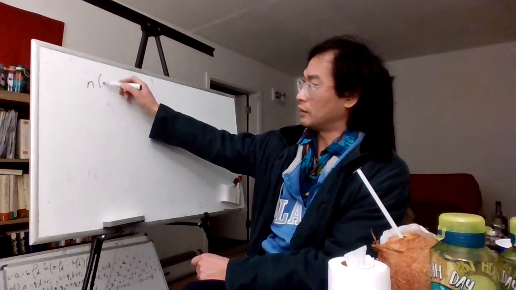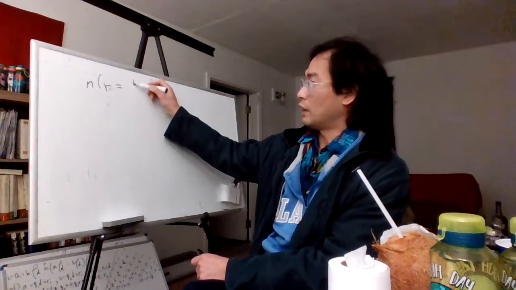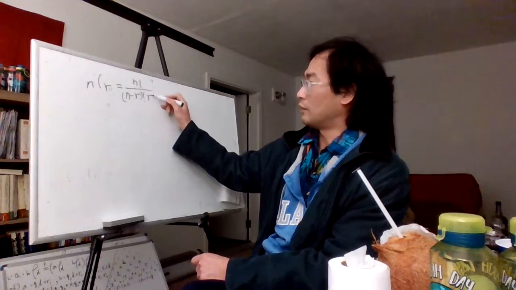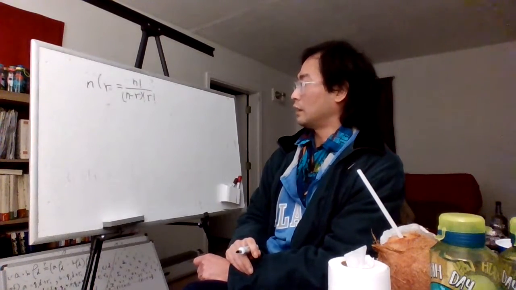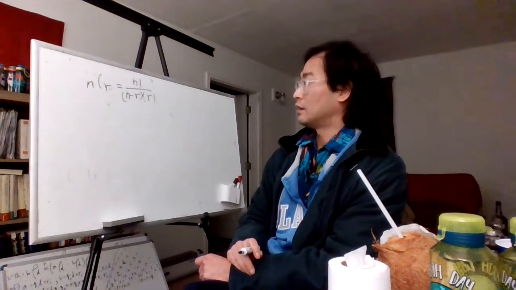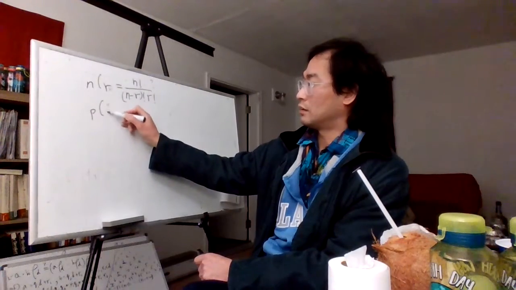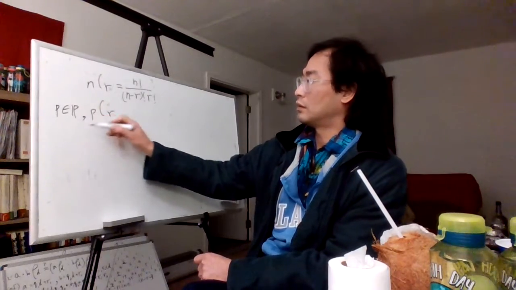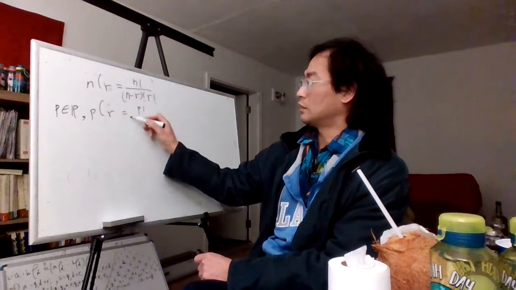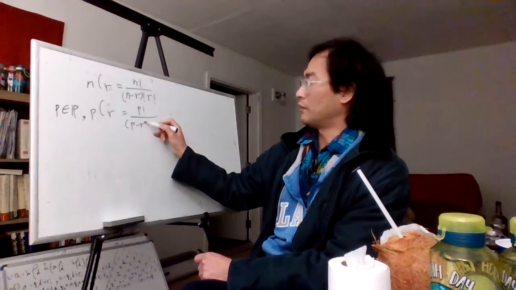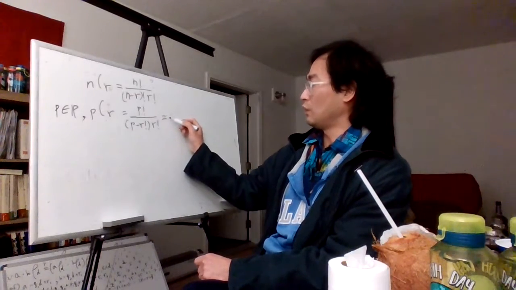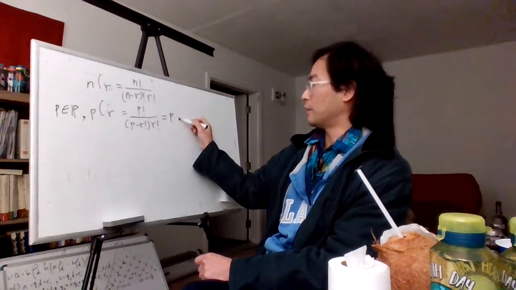You have nCr, right? It is equal to n factorial divided by (n minus r) factorial times r factorial. And when n is p, pCr, where p is a prime number, p factorial divided by (p minus r) factorial times r factorial, the whole thing turns out to be p times some number m.